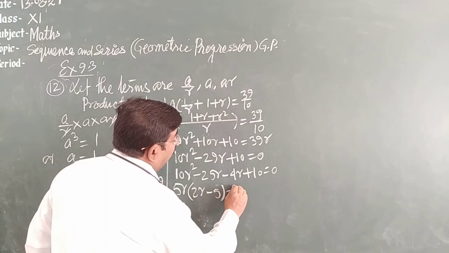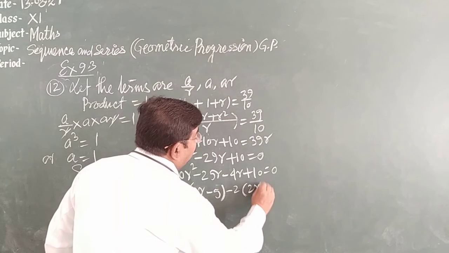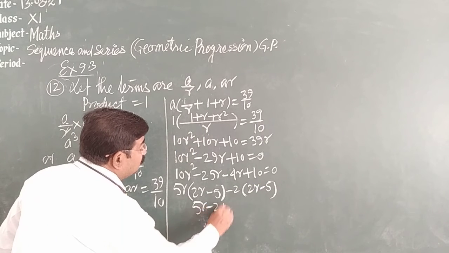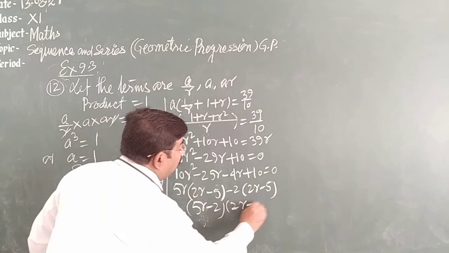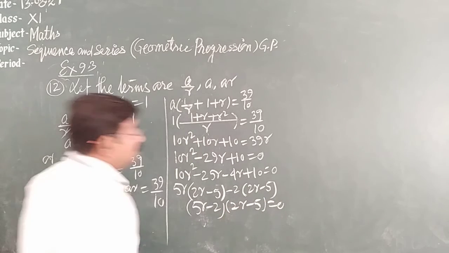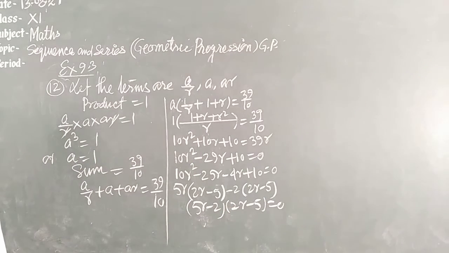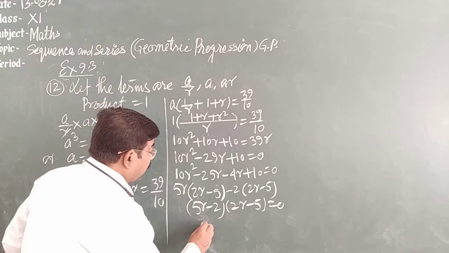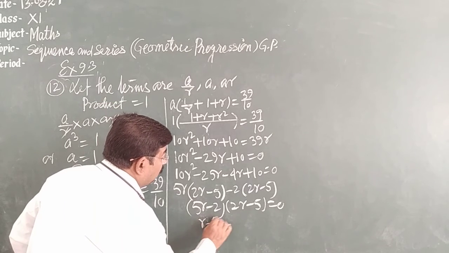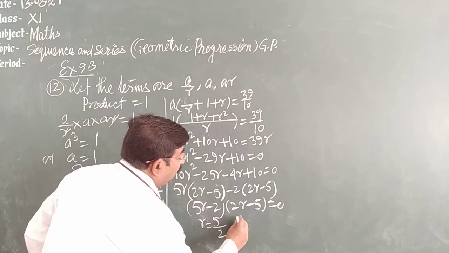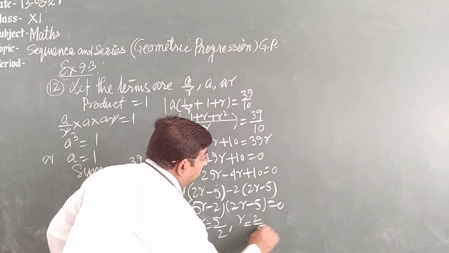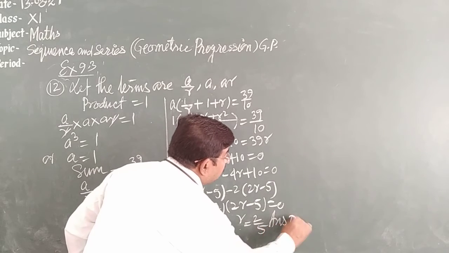Here we have minus 2 common, 2r minus 5. So the factors are 5r minus 2 and 2r minus 5 is equal to 0. So get the value of r. We have r is equal to 5 upon 2 and r is equal to 2 upon 5. So this is the first answer.